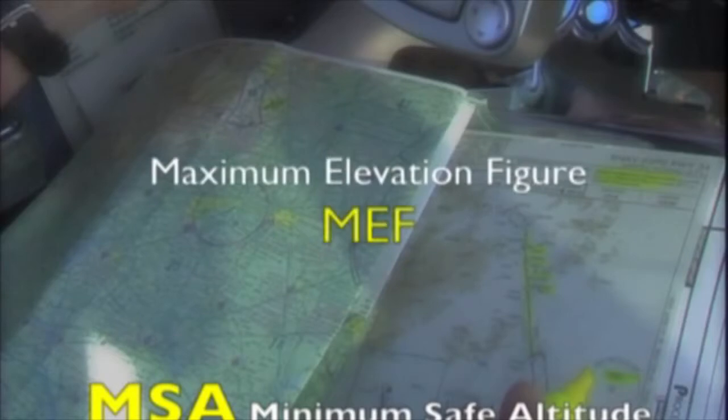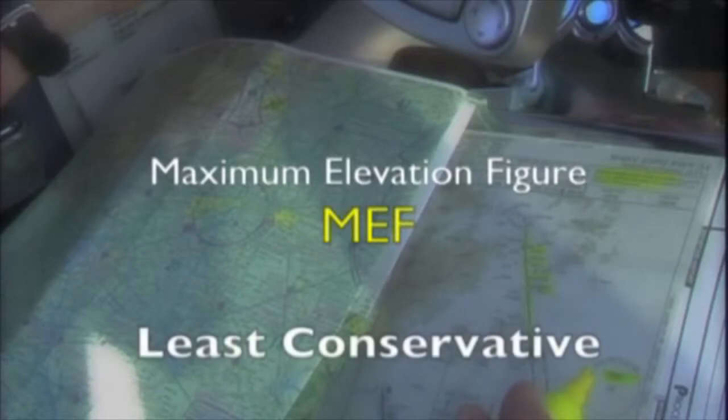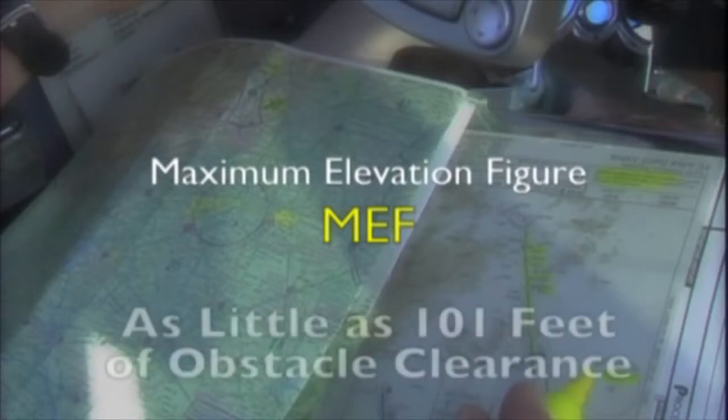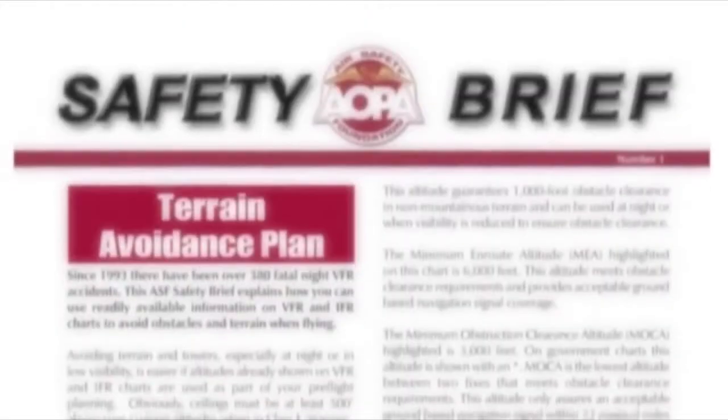Of all these, MEF is the least conservative, offering as little as 101 feet of obstacle clearance. There's a very good in-depth explanation of these summaries in the safety brief from AOPA's Air Safety Foundation titled Terrain Avoidance Plan. There's linked information at the end of the presentation.